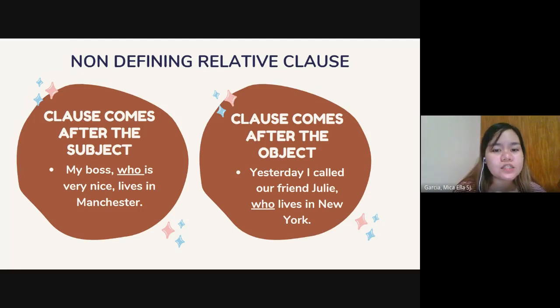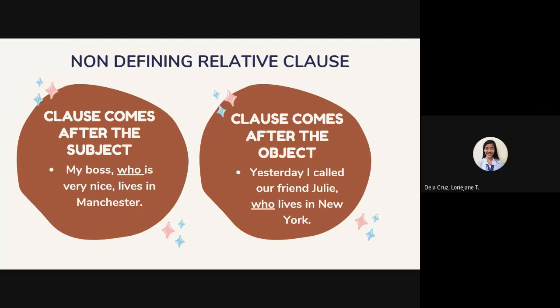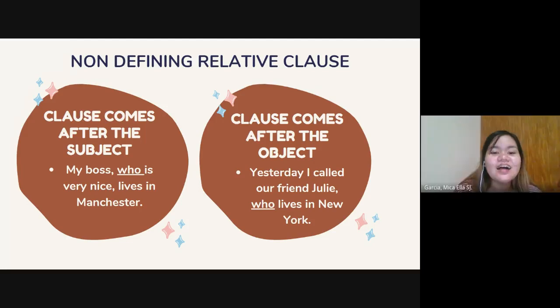Let's proceed to the next situation in non-defining relative clause. So when the clause comes after the object, will you please read the sentence here? Yes, LJ. Yesterday I called our friend Julie, who lives in New York. Will you please identify what is the object in this sentence?